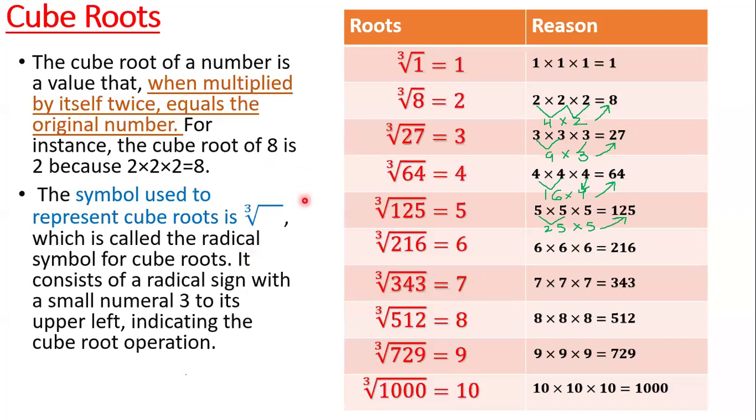Okay, what's the cube root of 64? 4. Why is that? Because 4 times 4 times 4 equals 64. Very good. And what's the cube root of 1,000? 10. Why? 10 times 10 times 10 equals 1,000. Very good.